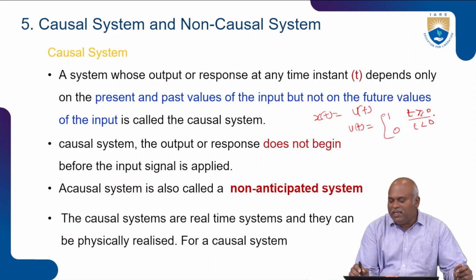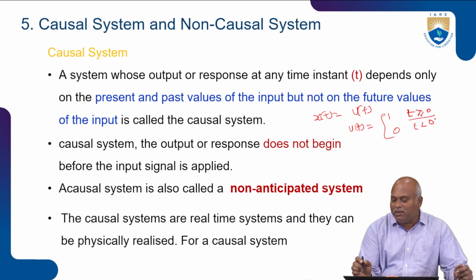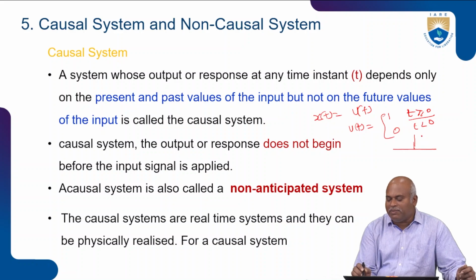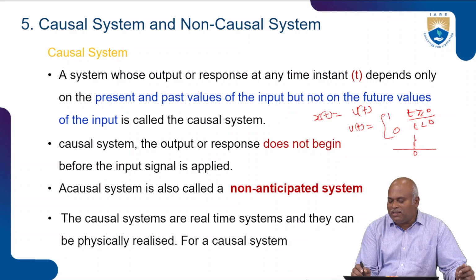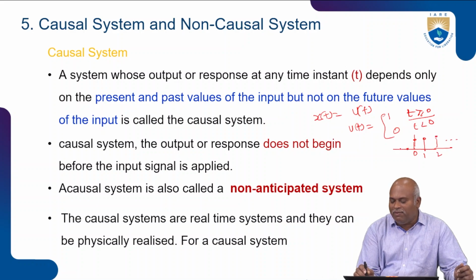That means for the input x of t, which consists of u of t, the value at 0 is 1, on the positive side 1 is represented as 1, 2 is represented as 1, and it continues. On the negative side, all values are 0.